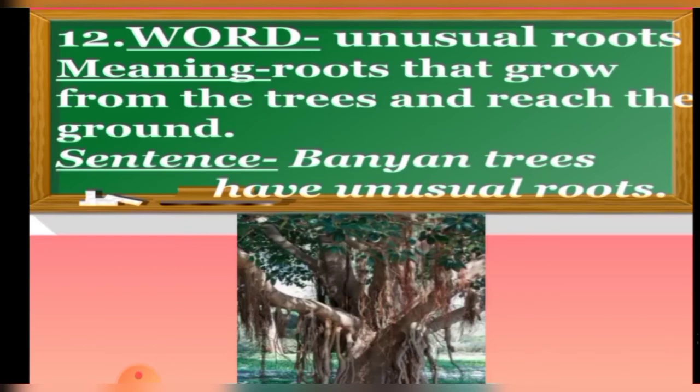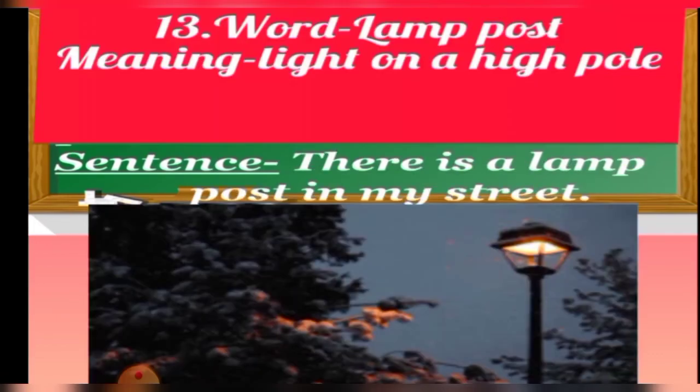Next word is unusual roots. Roots that grow from the trees and reach the ground. Banyan trees have unusual roots. Next word is lamp post. Light on a high pole. There is a lamp post in my street.